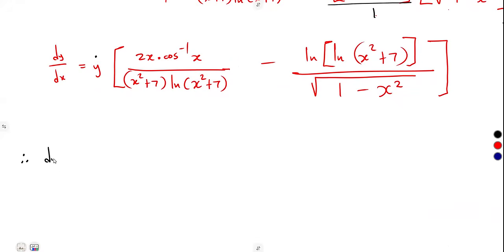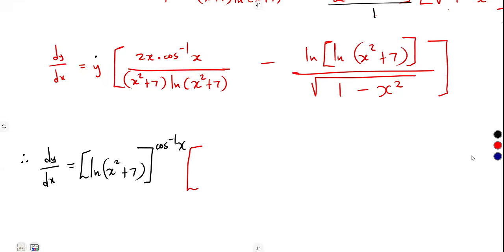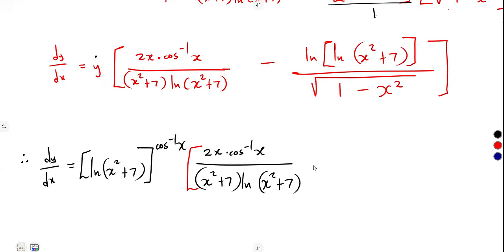So the derivative of y with respect to x is the ln of x squared plus 7, to the exponent of arc cos x as it was, then we take the remaining part in terms of x: 2x times arc cos of x over x squared plus 7 times the ln of x squared plus 7, minus the ln of the ln.